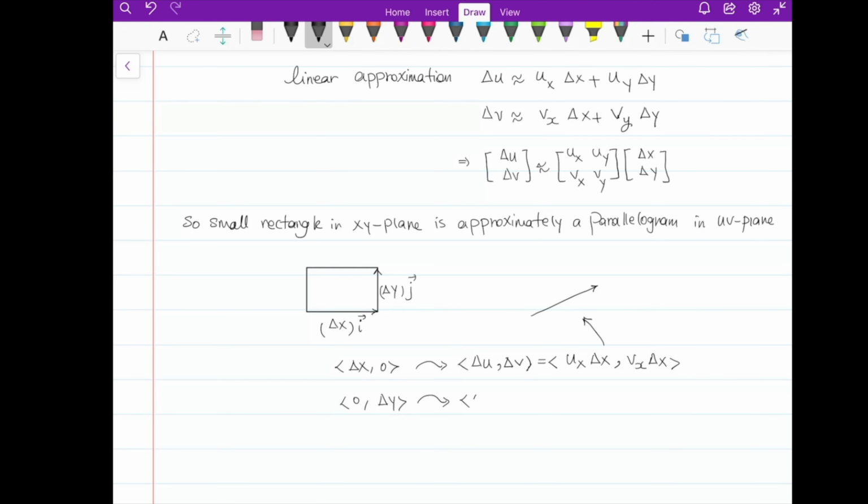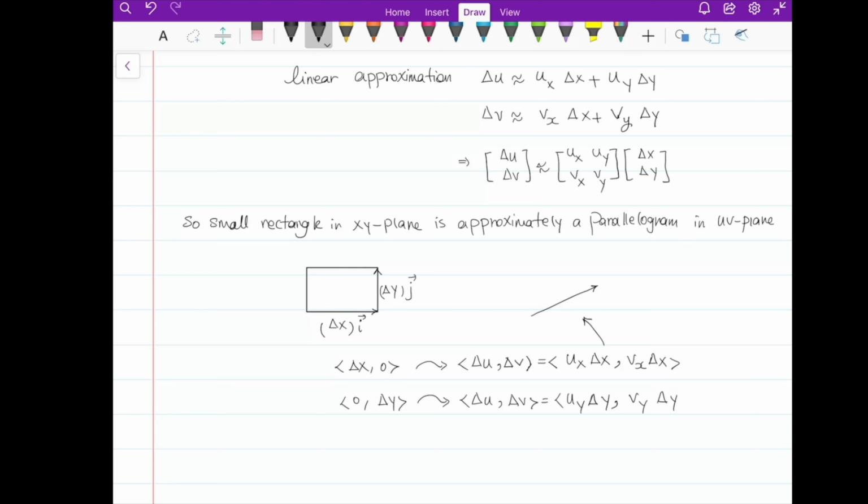And then, for example, delta y j is 0, delta y. Let's see what this vector is using this transformation. So delta x is 0, so I'm going to put 0 in here. So this part would be 0. Delta u would be just u with respect to y, delta y. And then delta x here would be 0, so I just get v with respect to y, delta y in here, right?